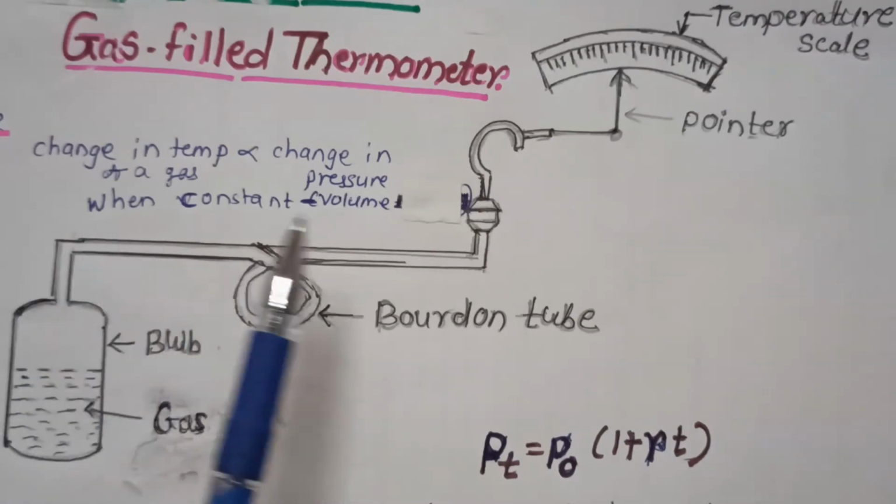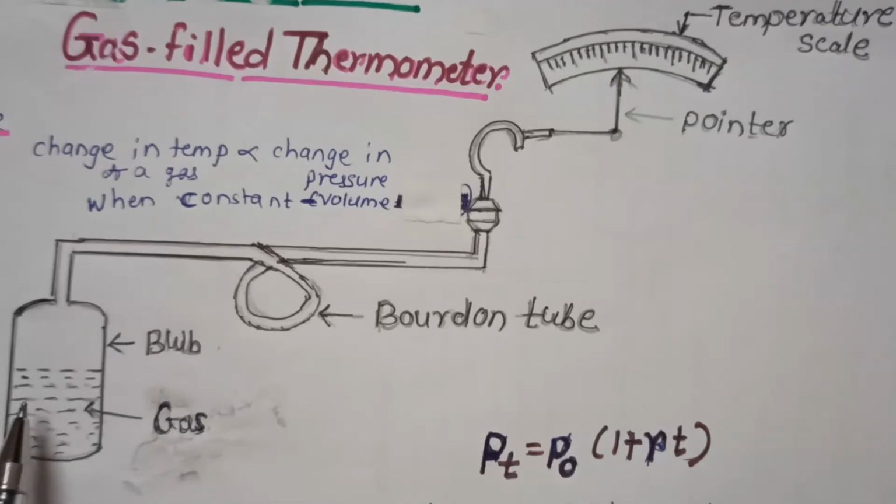In this gas filled thermometer, commonly used gas is nitrogen because nitrogen gas is chemically inert. It has favorable coefficient of thermal expansion. So nitrogen gas is used.